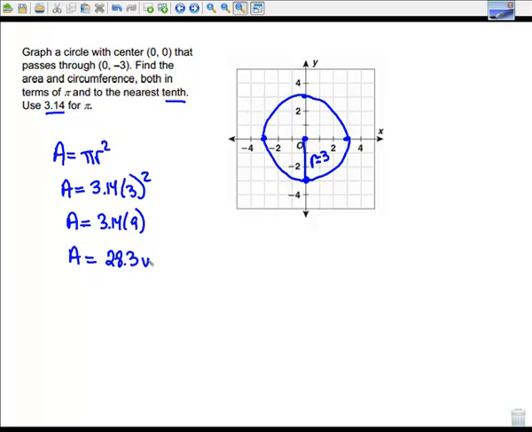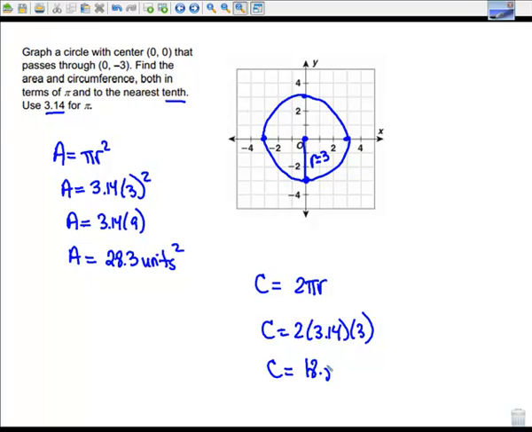And this is just going to be units squared. My circumference with the radius is 2 pi r, so 2 times 3.14 times 3 is 18.8, when I round it to the nearest tenth. And this is just units.